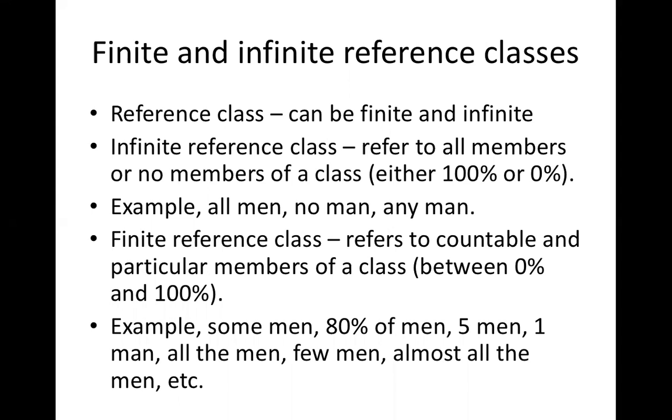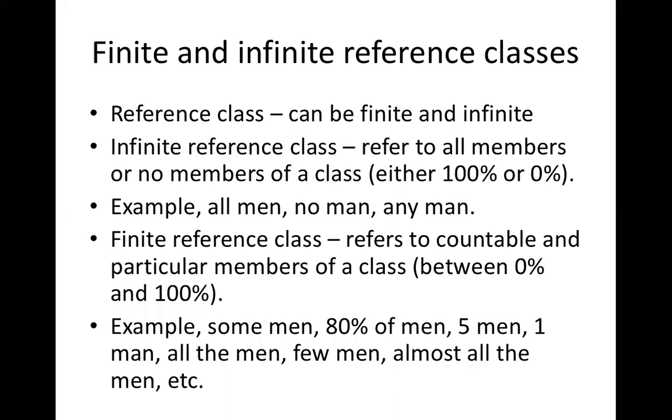Now remember that all the men is different from all men. All men is not countable, but all the men are countable. Usually when you say all the men, you are saying all the men in a particular context. All the men in this class, all the men in the university, all the men in Accra, they are countable.